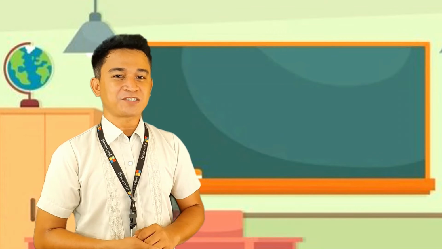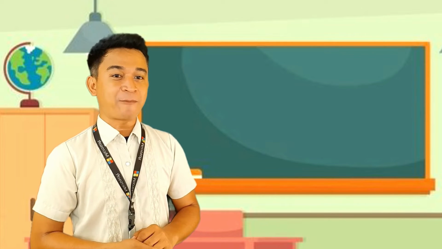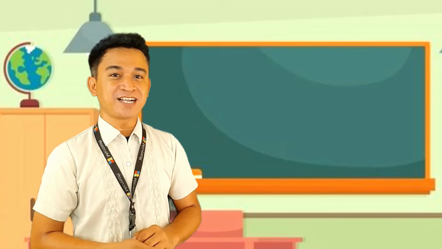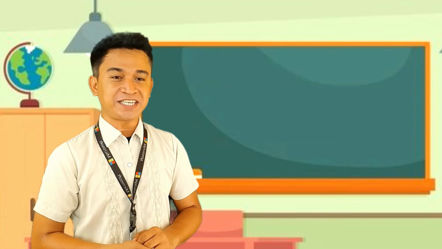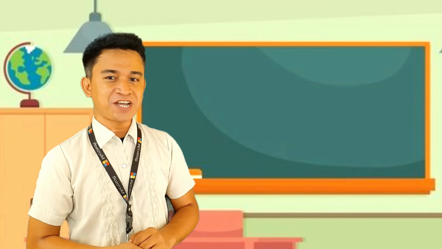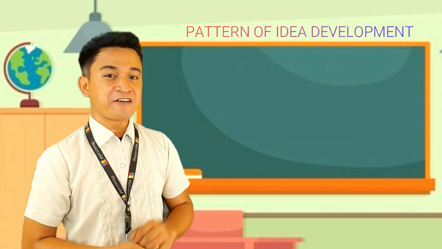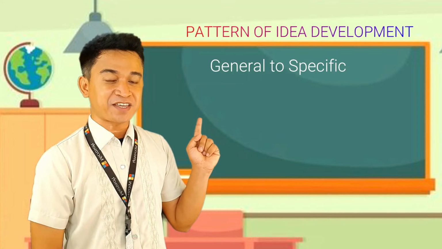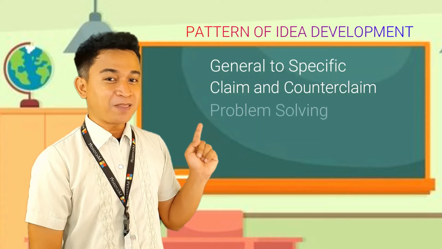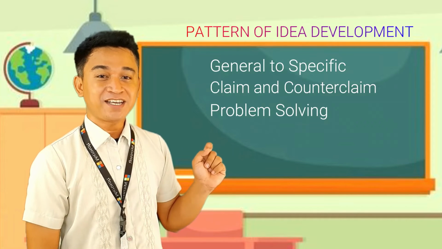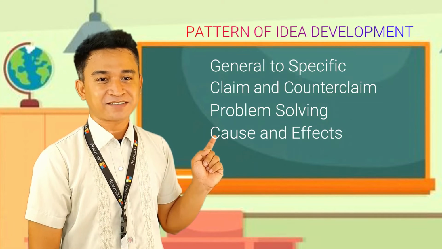Last time, we thought about the use of appropriate grammatical signals or expressions suitable to each pattern of idea development, such as developing ideas from general to specific, claim and counterclaim, problem solving, and cause and effects.